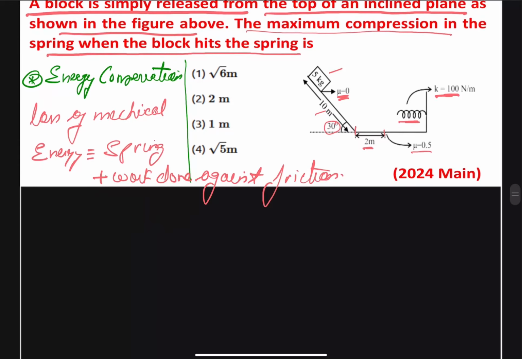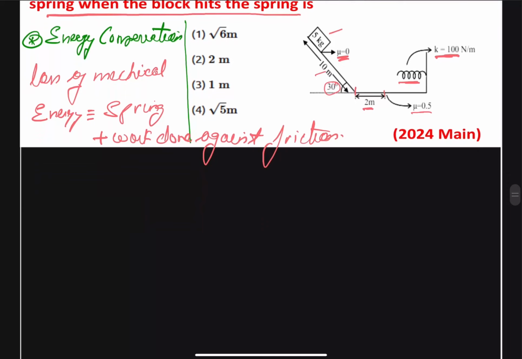Or in simpler terms, we can write that all these sum will be equal to 0 with the respective signs.